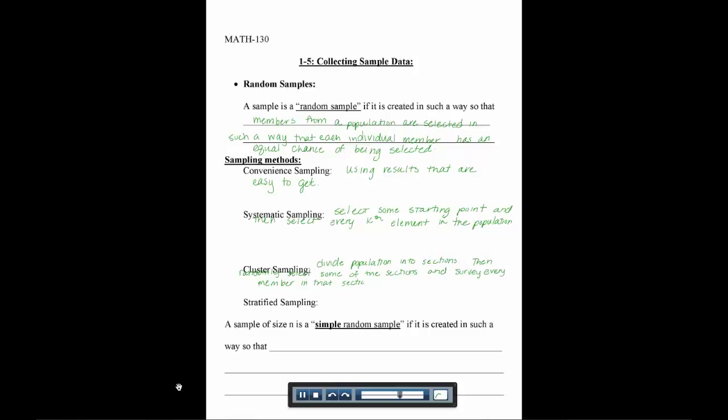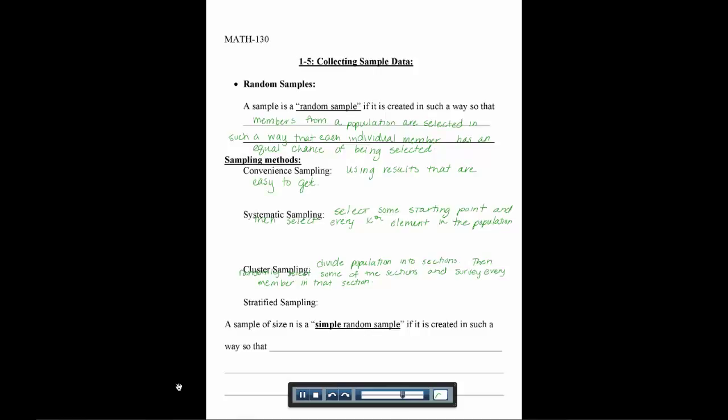Okay, so you're breaking people into groups. For example, we could think about the United States, okay, and we could think about the groups by what state you live in. So a cluster sample would be if you chose, say, 10 states and surveyed every single person in those 10 states.